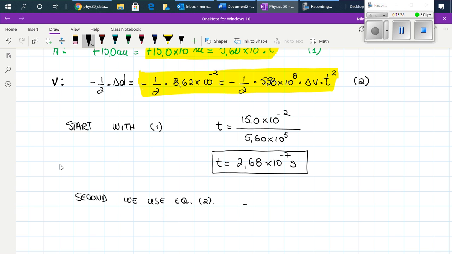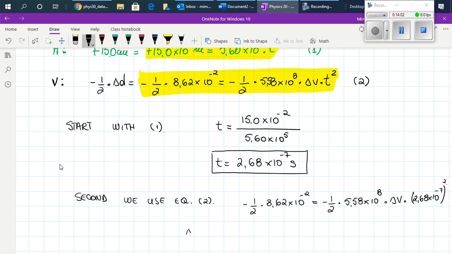So we'll have negative 1/2 times 8.62 times 10 to the power of negative 2 is equal to negative 1/2 times 5.58 times 10 to the power of 8 times delta V times T squared, which is 2.68 times 10 to the power of negative 7, the whole thing to the power of 2.